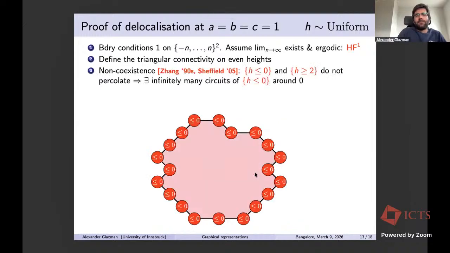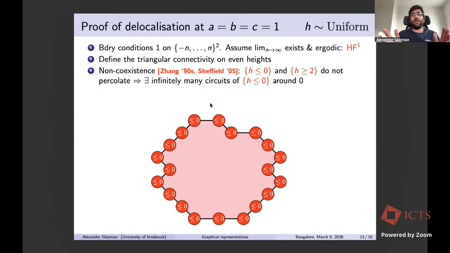So the non-coexistence theorem due to Zhang and Sheffield allows us to derive the following: if you look at the heights which are below 0 or above 2, they cannot percolate. Why is that? Well, because you have FKG for the heights, and it's an ergodic measure. So either both percolate by symmetry or none.